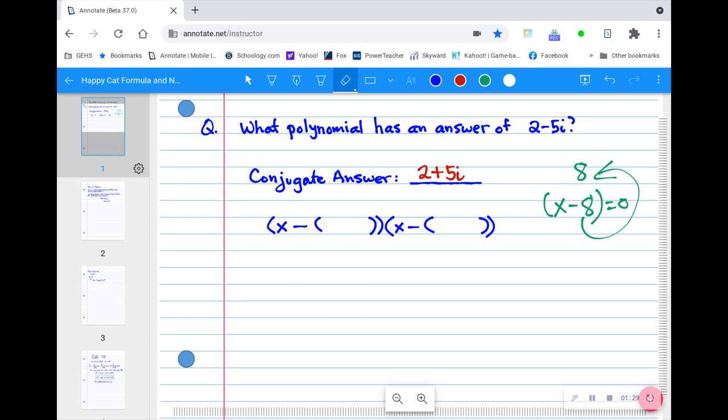You're going to see me do that in a minute. This is going to be a long, drawn-out process, and the whole purpose here is for me to give you a shorter version of it. So bear with me. It's going to take me 2 pages of doing harder stuff before I can get to the easier version. So we have two answers, 2 plus 5i, and its conjugate, 2 minus 5i.